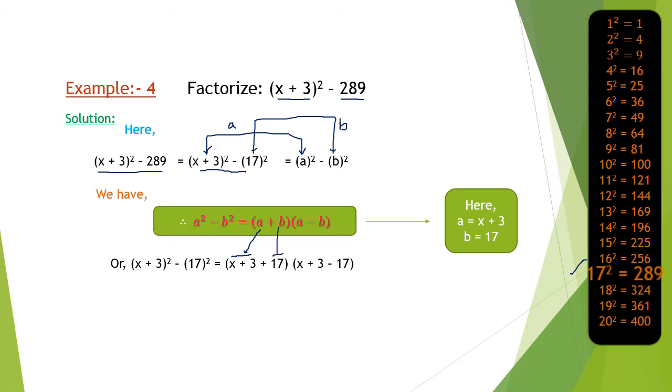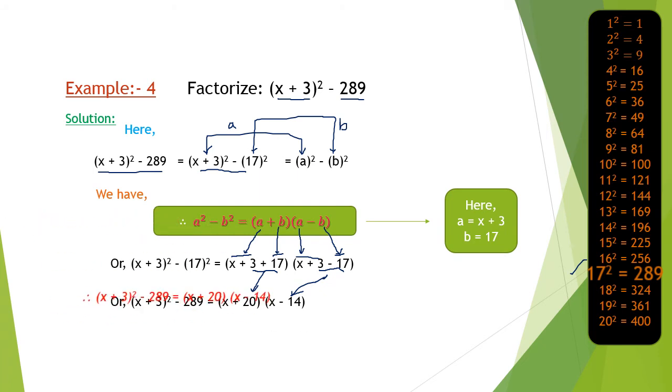Confirmation that a is x plus 3 and b is 17. Now we replace a by x plus 3 and b by 17.